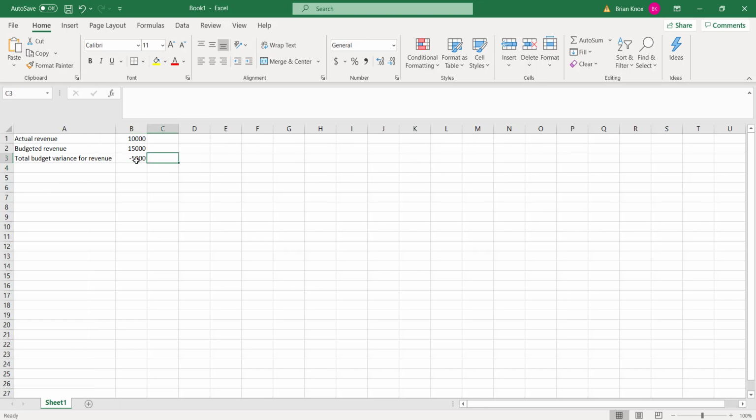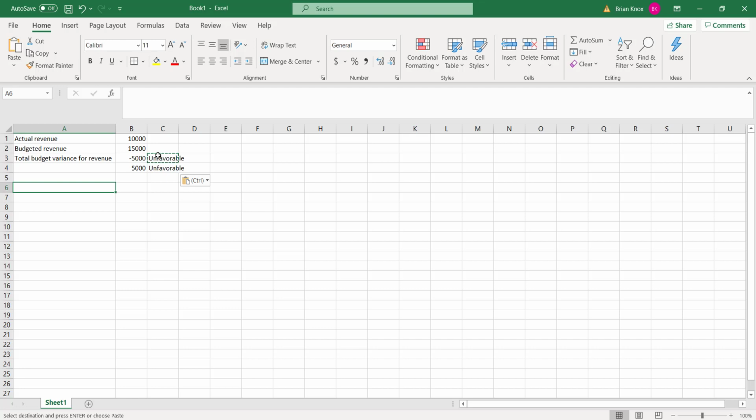And because it's a revenue variance, the negative sign means that this is unfavorable. You'd actually express this as the absolute value, a $5,000 unfavorable variance. But that doesn't help us that much. We need to understand how we got the actual revenue the way that it turned out.